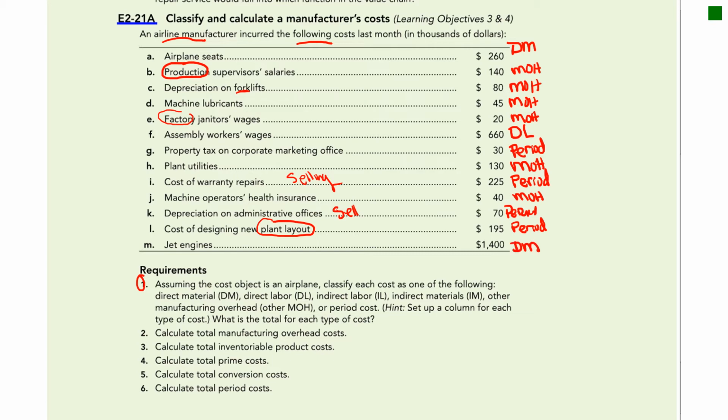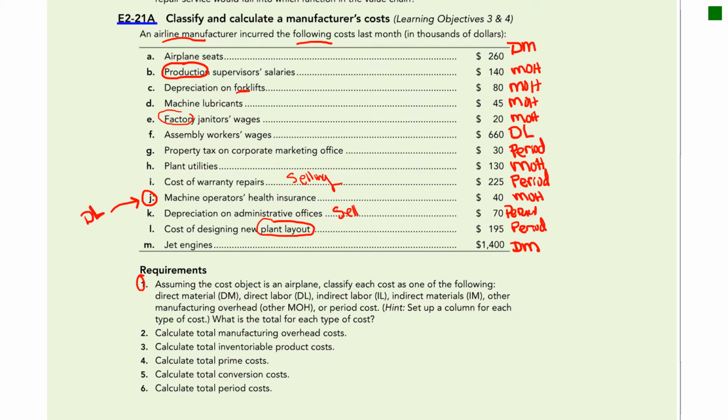Now, I wanted to go back to one because I was looking at my notes as I was talking to you about this, but this letter J, where it says the machine operator's health insurance of $40, and sometimes you do get some gray areas in your decision making. If this machine operator, for example, is attached to actually producing something directly, then that could also be classified as direct labor.